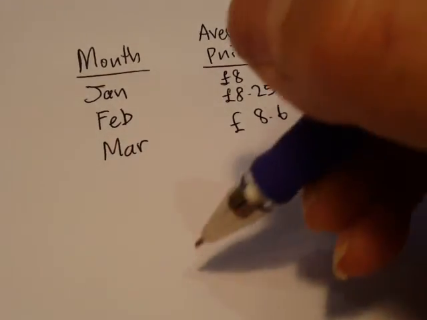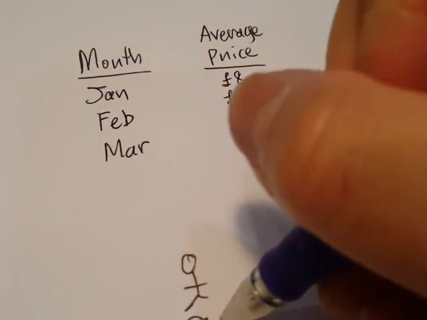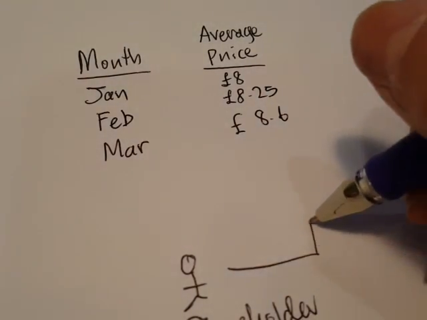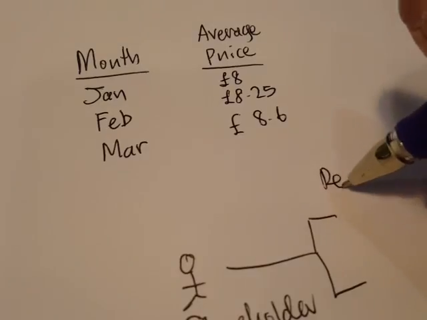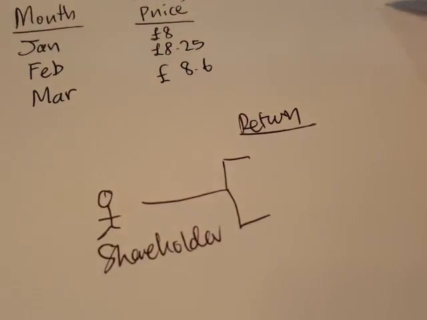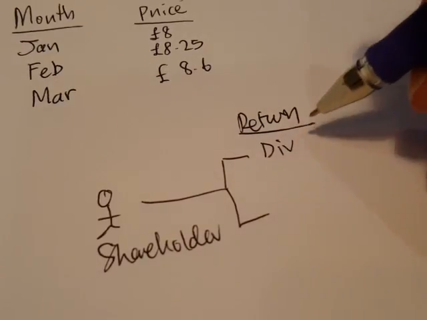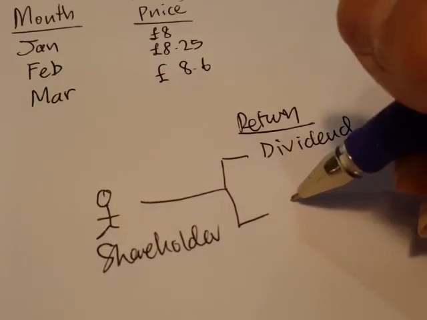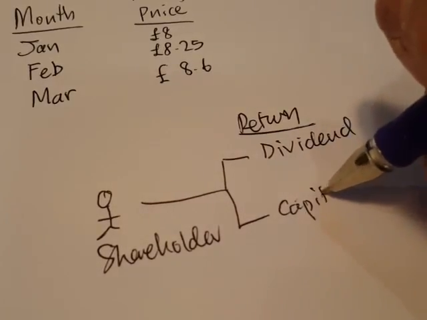Now a shareholder, when he buys the share, will earn two different types of return. Either he will get a dividend or a capital gain.